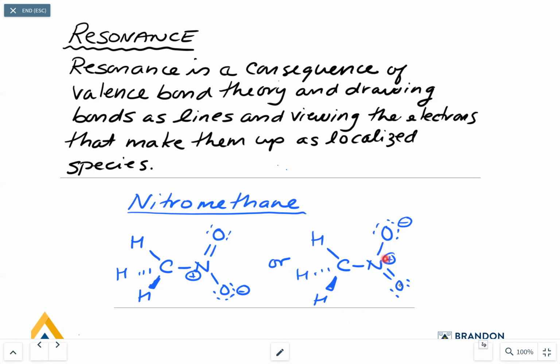This bond should be 1.5, and this bond should be 1.5. So with resonance, you draw a series of structures that, when you take them in combination, are supposed to depict what the molecule truly is like, because electrons aren't necessarily localized, they're delocalized.